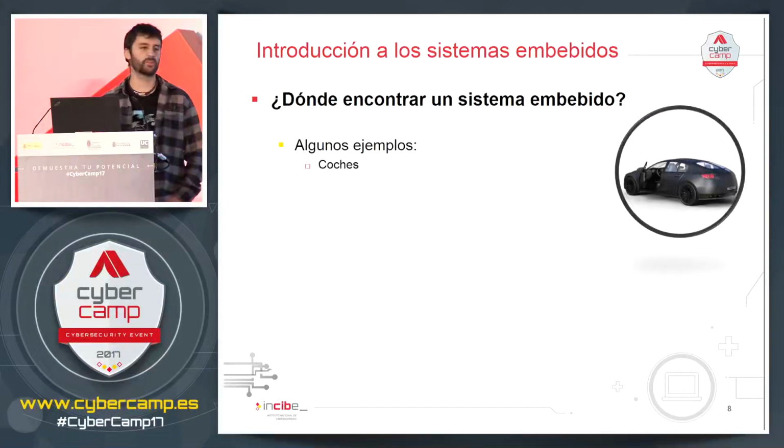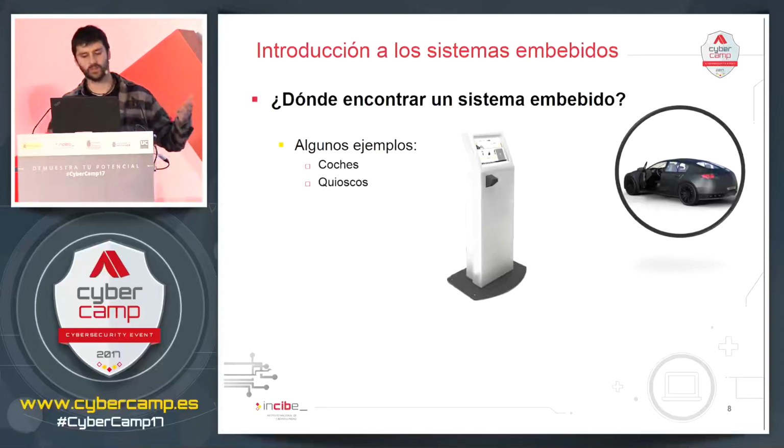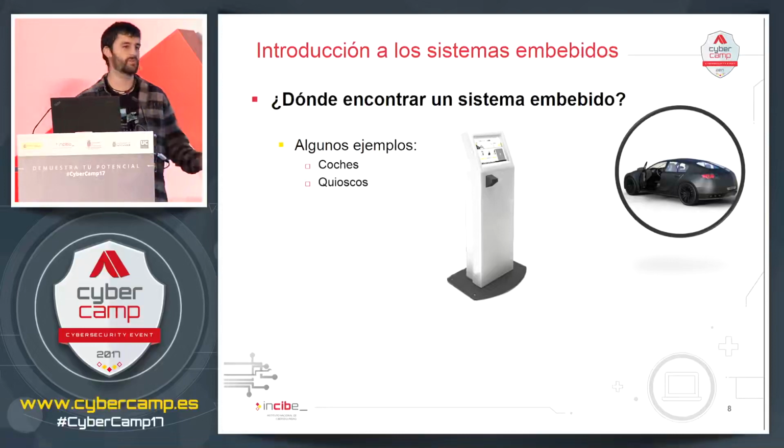Some examples where we may find embedded systems: in cars, information of the cars with the measures regarding tire pressure, kiosks. Here we can find many places.